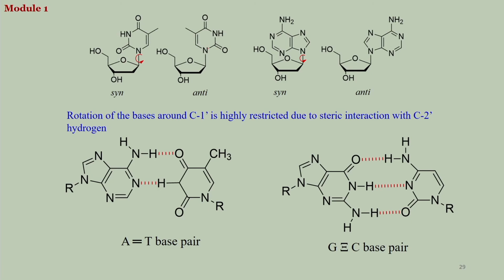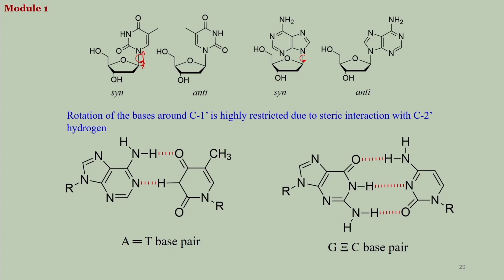On the other hand, in this structure they are away from the sugar moiety. The double bond, which is a planar system, is closer to the sugar moiety here, and here the double bond is away from the sugar. These are the 2 possible conformations, because this C and N is a single bond, and therefore rotation around a single bond is feasible at room temperature. So, the bond can ideally rotate.